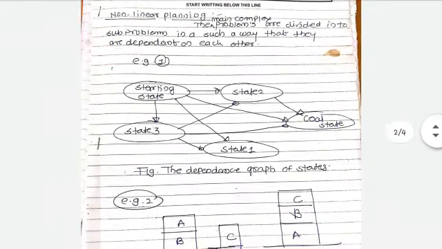Let's take the example: the starting state depends on state 1, state 2 and state 3, and also depends on the goal state. State 3 depends on state 2, state 1 and the goal state. Thus, state 1, state 2 and state 3 are all dependent on each other to reach the destination goal, or destination node or goal node.